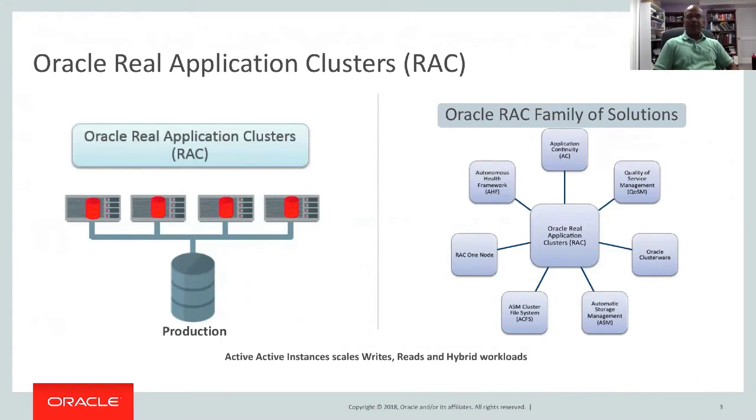So Oracle Real Application Clusters by its own is not enough in the sense of providing availability, because sometimes the availability is outside the database, or the operating system might need to provide more availability. In that sense, Oracle RAC has what we call a RAC family of solutions via these additional concepts.